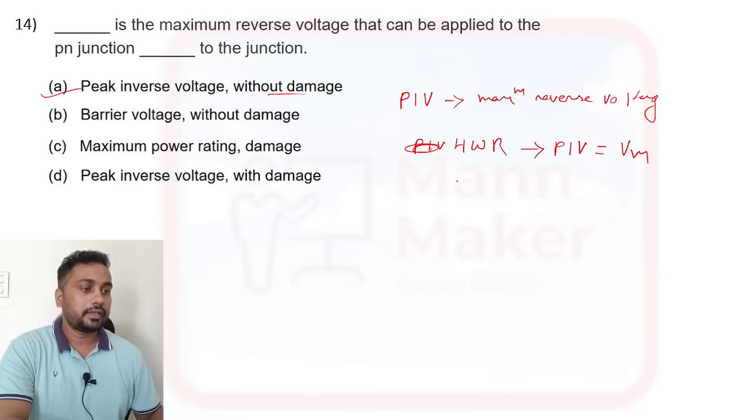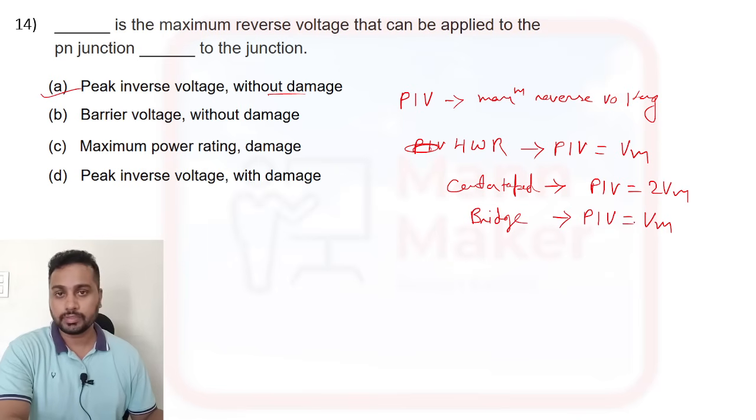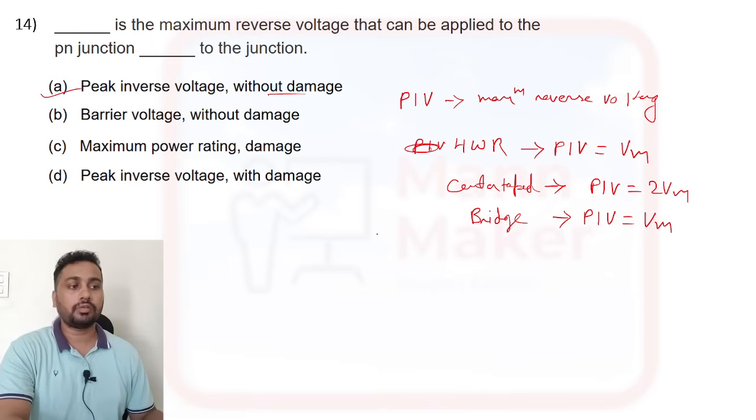For center tap rectifier, PIV is equal to 2Vm, and for bridge rectifier, PIV is equal to Vm. Just remember these 3 points. Sometimes they will ask what is the PIV for bridge rectifier, then you need to answer Vm.